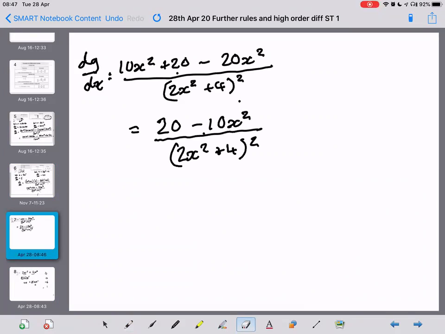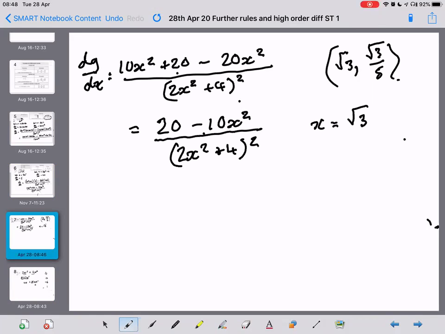So we got this extra information this time. We want to know what the slope is when x is equal to root 3, because it says find the slope at the point root 3 comma root 3 over 5. So where x is equal to root 3.